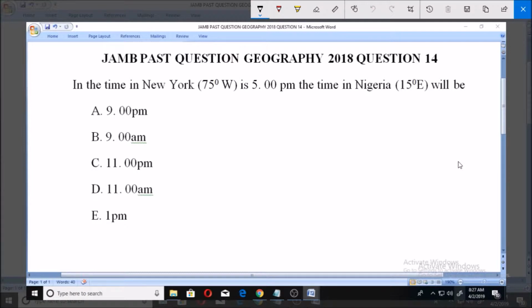Now, for us to be able to put this in perspective, we need to know about longitudes and latitude and location of areas on the globe.